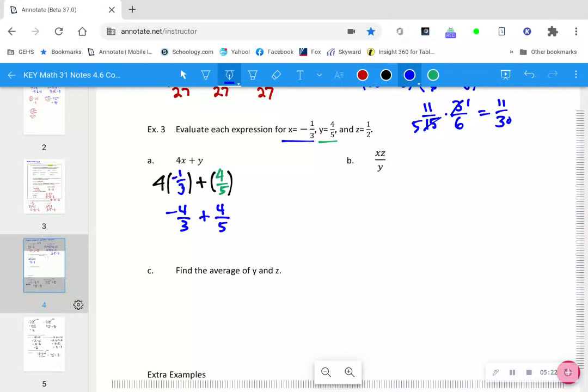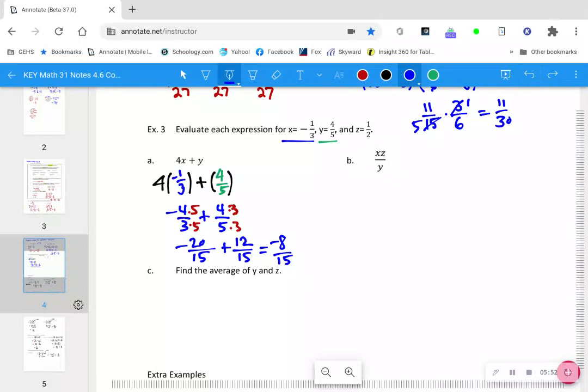Common denominator of 3 and 5 goes to 15, so I got to make these 15s underneath here. Which then takes me down to -20 over 15 plus 12 over 15, or -8 over 15. And that one's complete.